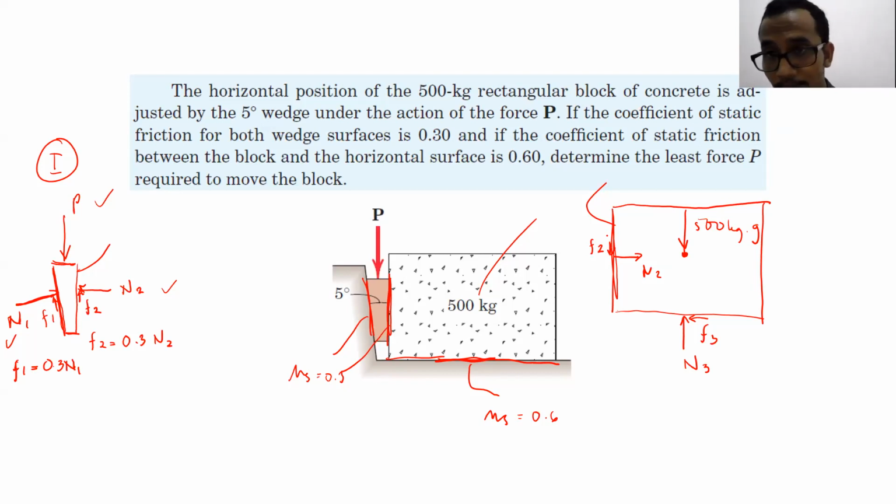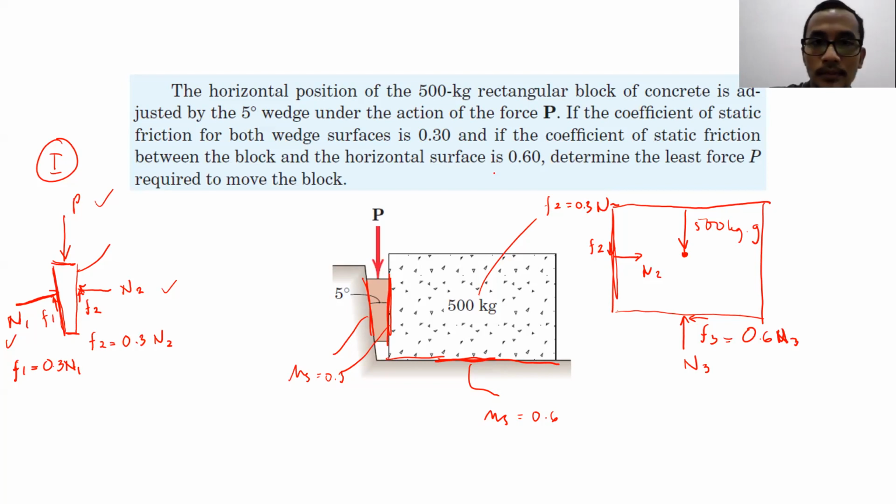And as usual there, F2 is supposed to be 0.3 of N2. F2 is equal to 0.3 N2. And then here, F3 is supposed to be 0.6 of N3.